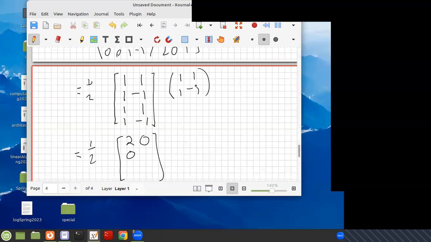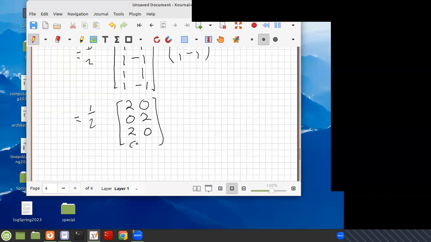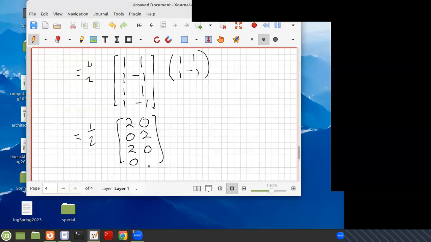And this one here will be 1, 2, because 1 times 1 plus -1 times -1. Then we get down to the bottom half, and we're going to end up, I think, with 2 and 0 and 0 and 2, and then the 1/2 will cancel all those 2s to give 1, 0, 0, 1, 1, 0, 0, 1.